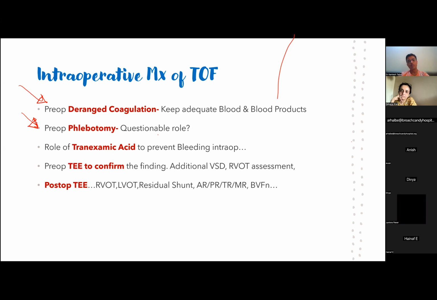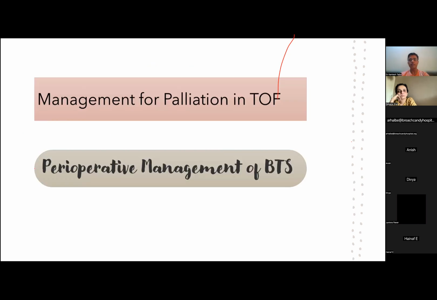It's a questionable rule, because if hemoglobin is more than 20, some units still believe you should do a pre-op phlebotomy and then perform surgery. We are not doing this because it does not have any advantage. As for the role of tranexamic acid, we are using it if hemoglobin to start with is more than 15 milligram per deciliter, and peri and post-operative use is very important in such surgery.